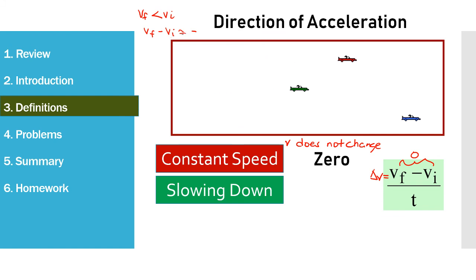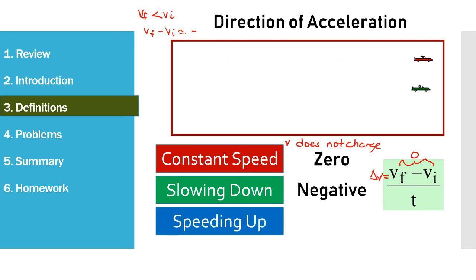So if that's negative, a negative number over t would get you a negative acceleration. Now, what about speeding up? When you're speeding up, Vf is actually greater than Vi. So when you do Vf minus Vi, this will be positive. And if it's positive over t, that means speeding up is a positive acceleration.